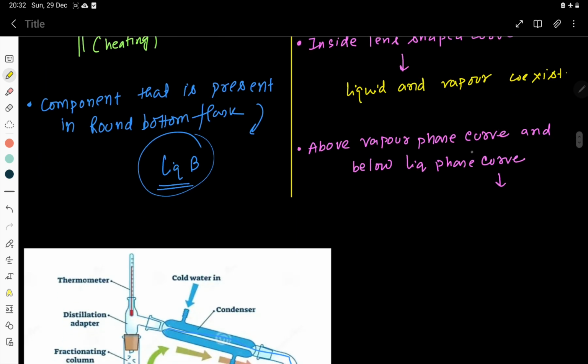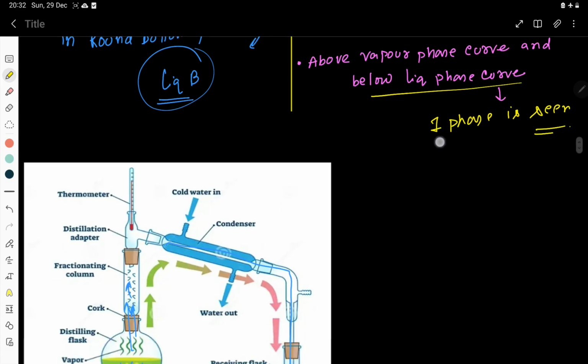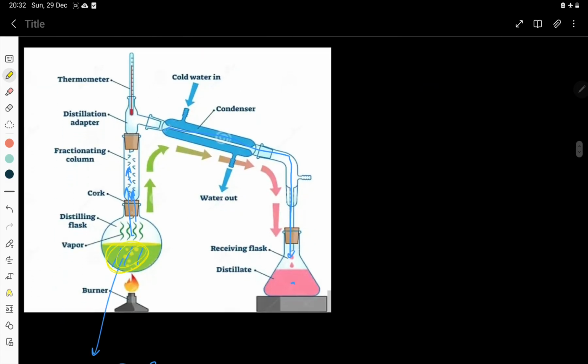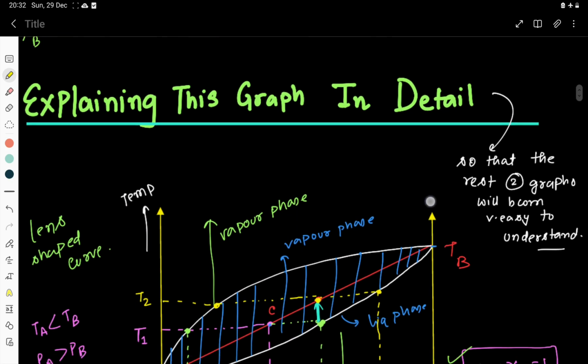Above the vapor phase curve and below the liquid phase curve, one phase is seen. Here the vapor pressure of A is greater, so it will evaporate faster and cool down over here, and as the vapor pressure of B is less than A, it will remain here, though not in pure form; some of component A will also be here.